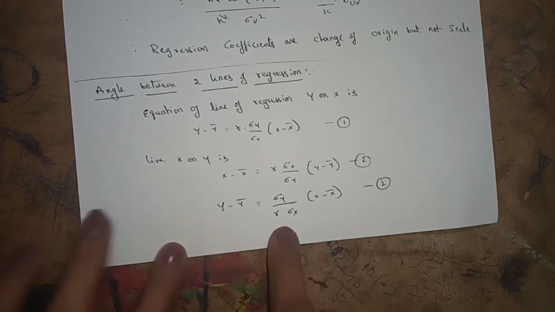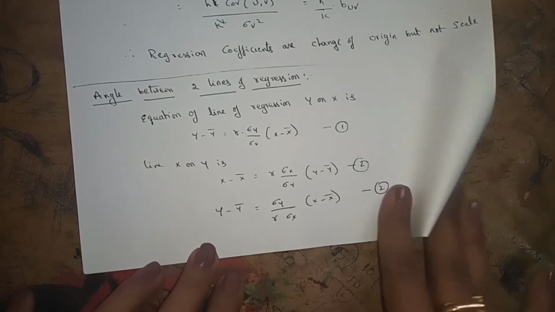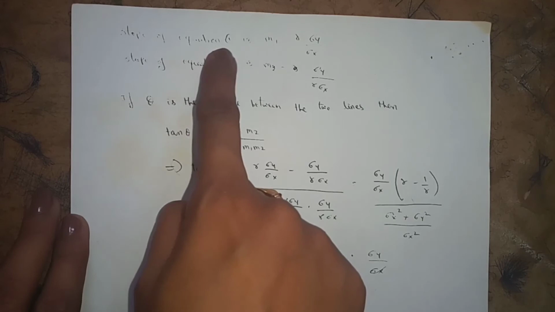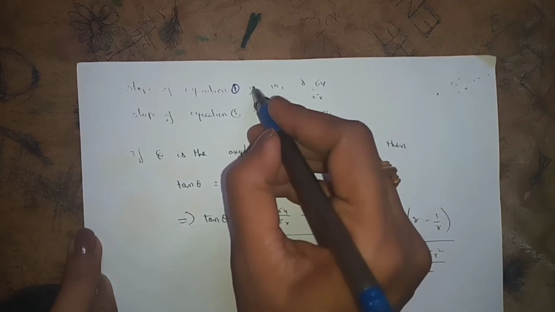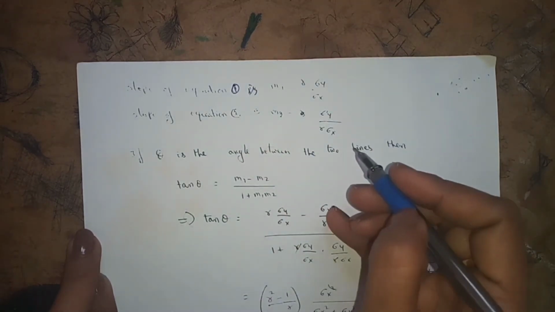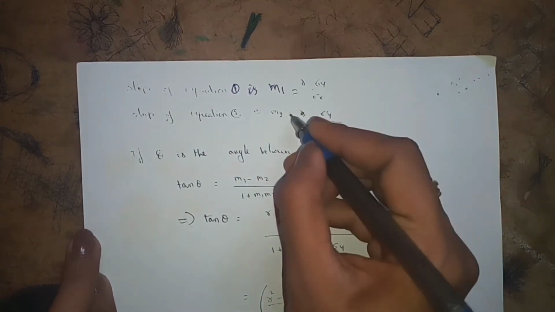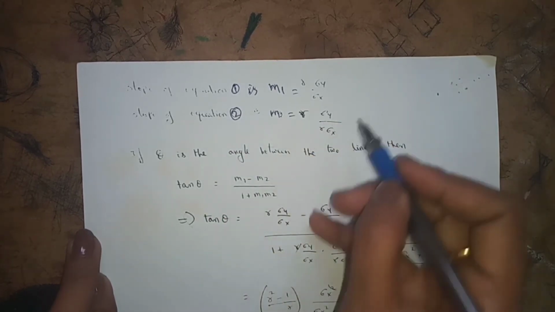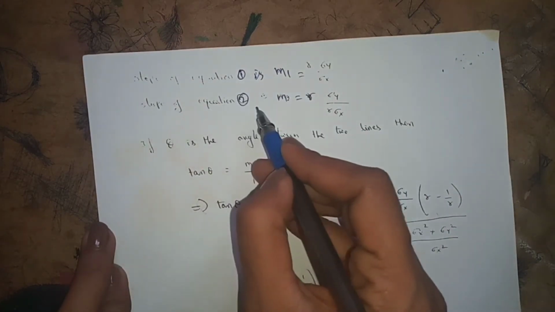Now, the slope of equation 1 is m1, and the slope of equation 2 is m2.